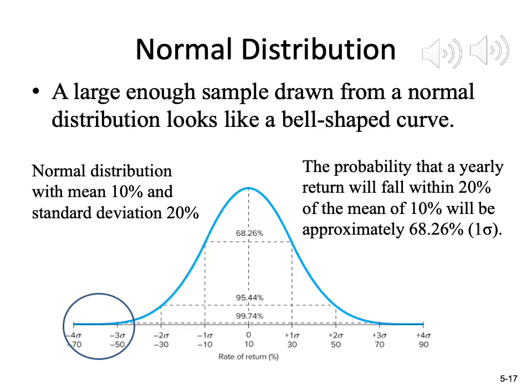if the stock returns follow this normal distribution. When we use standard deviation as the measure of the stock return risk, we are actually looking at both sides, the extreme positive return and extreme negative return. We're looking at the tails of the normal distribution on both sides, left and right.